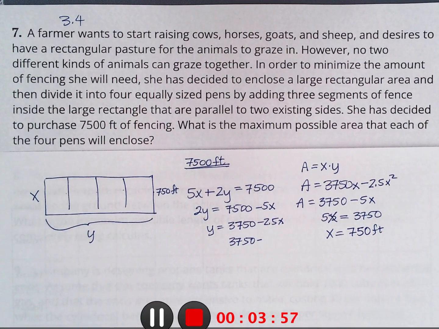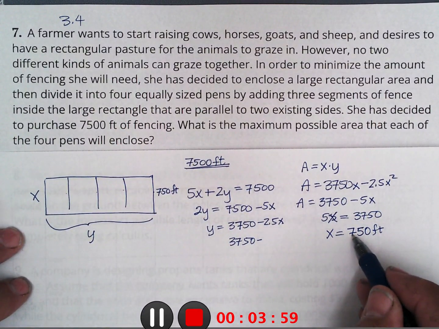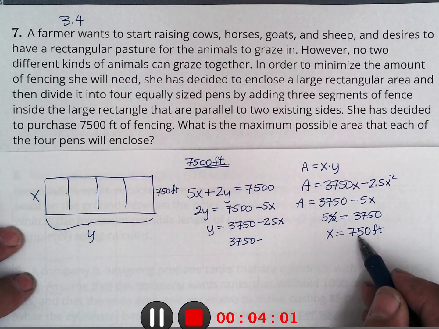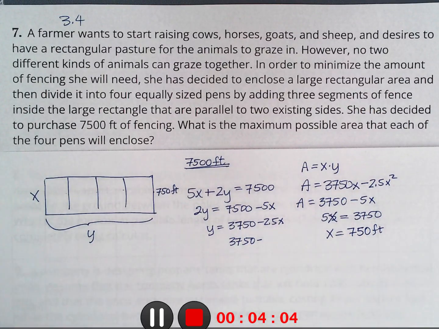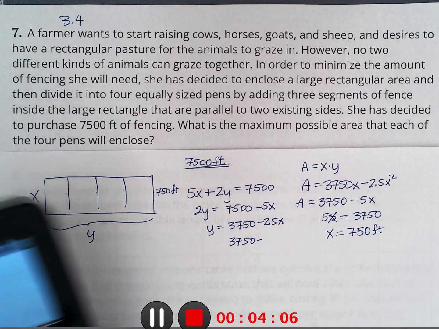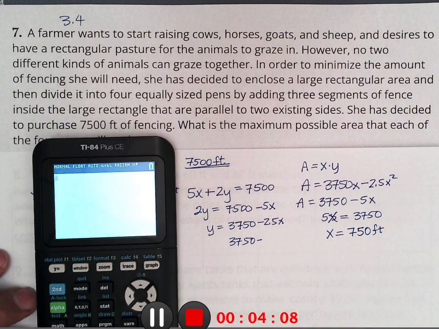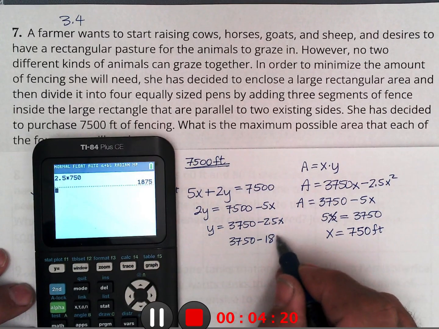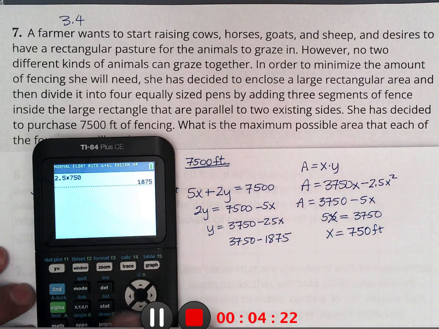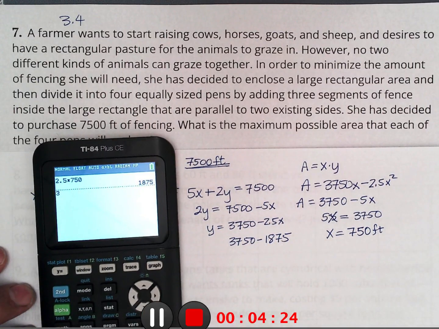I better do this correctly, so I'll check to make sure I do it right. 2.5 times 750 is 1875. Subtract those, and I get 1875.